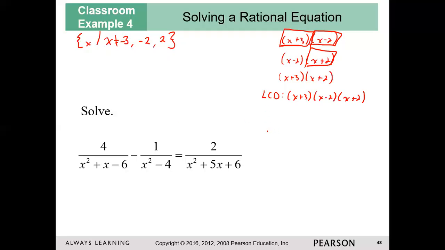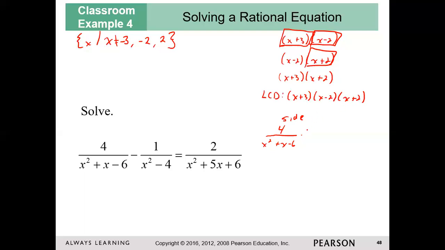So let's do some side work. So again, we have 4, and then this x squared plus x minus 6. And we know that if we take this LCD and we multiply it into this denominator, the x plus 3 and the x minus 2 are going to cancel, and you are going to be left with just the x plus 2.